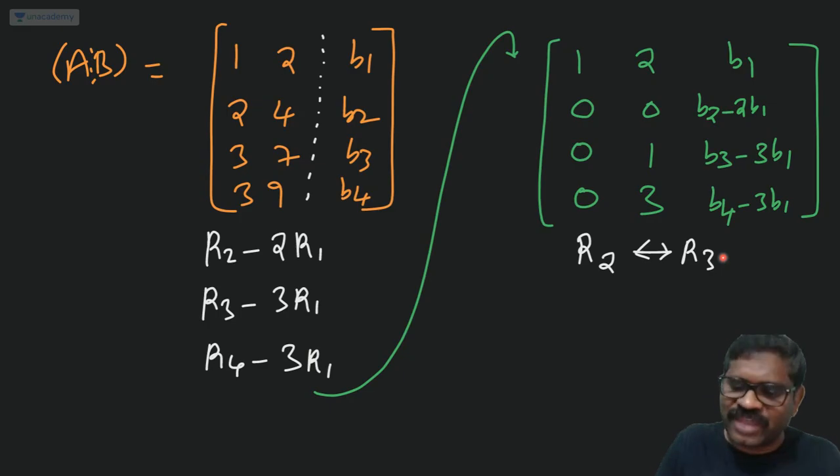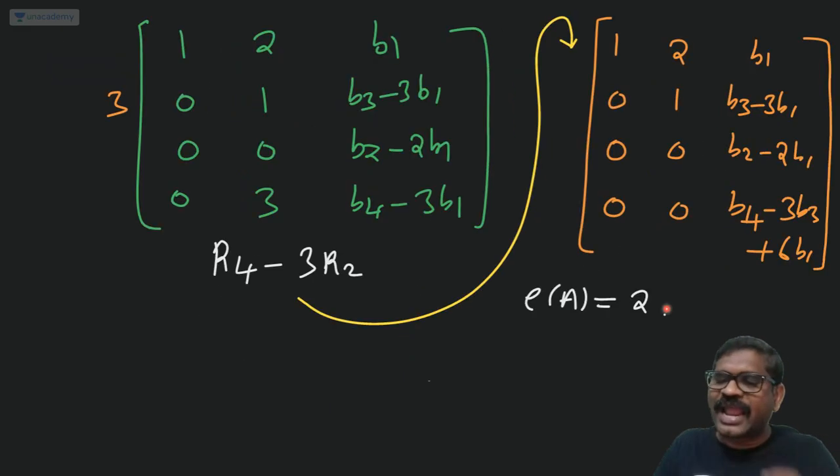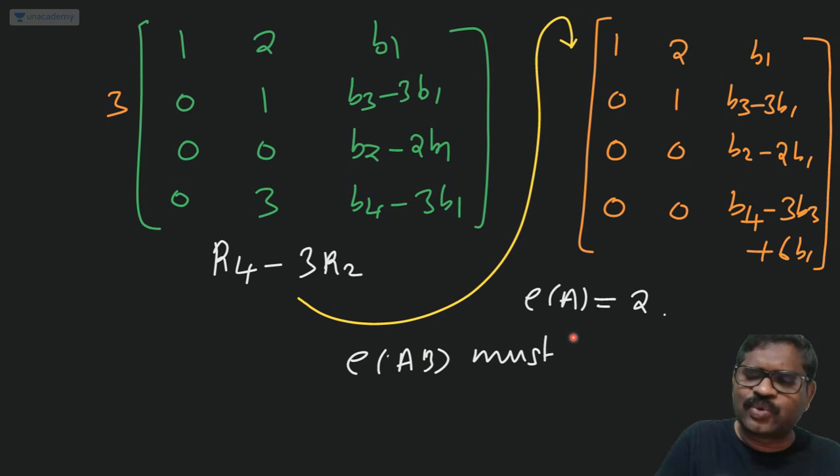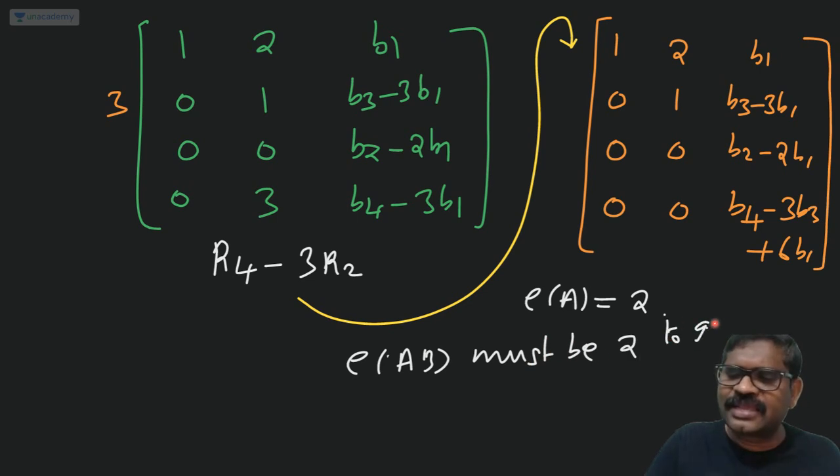Here rank of A is 2. Rank of AB must be 2. Rank of A is 2, therefore rank of AB must be 2 to get a solution.